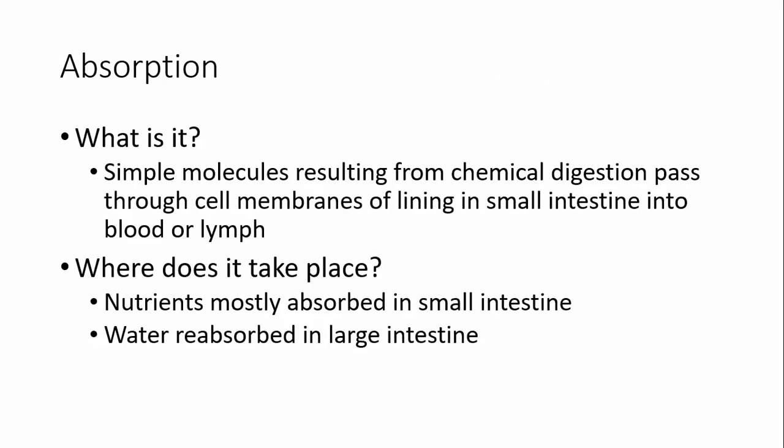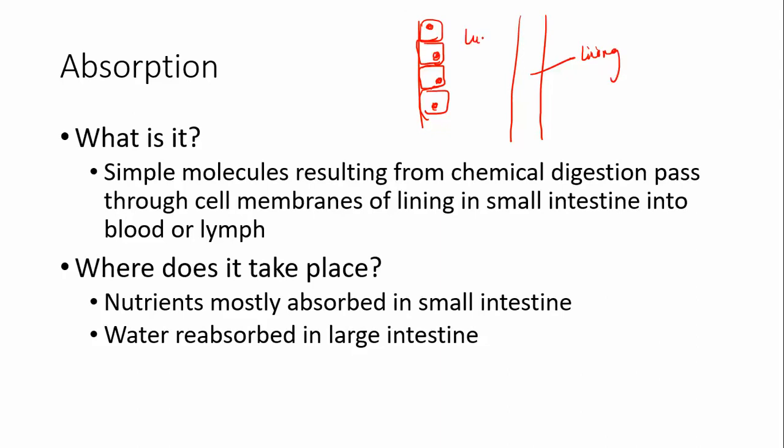Absorption is when you basically break these large complex molecules down into really small ones. Then those small molecules are going to be able to pass through the lining of the intestine to get to the blood. So let's say that we have the lining of our intestine, and I'm just going to draw a simple version on the other side.